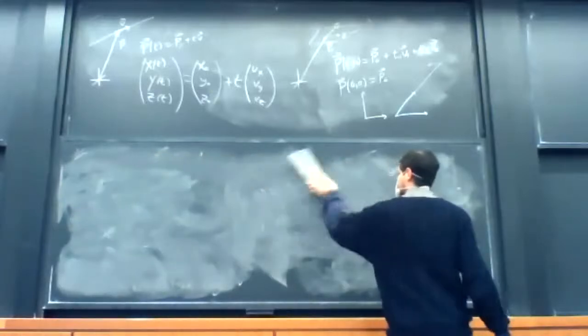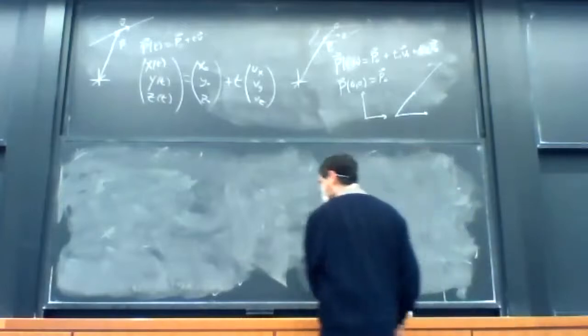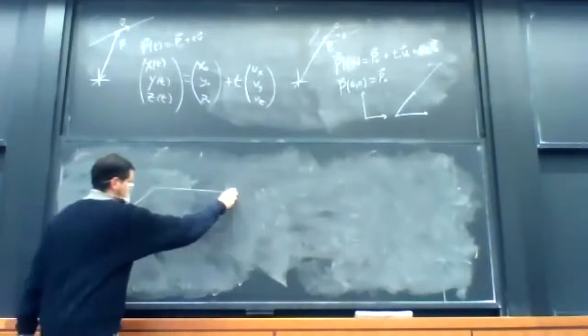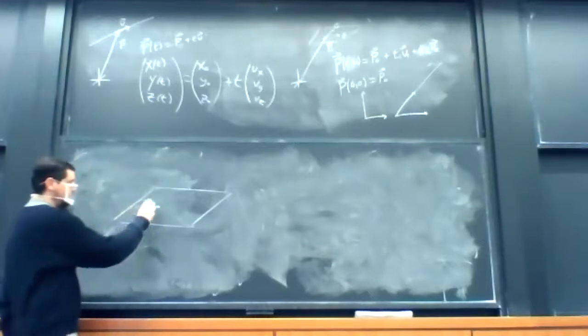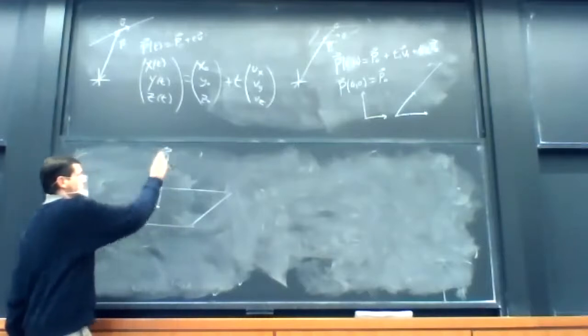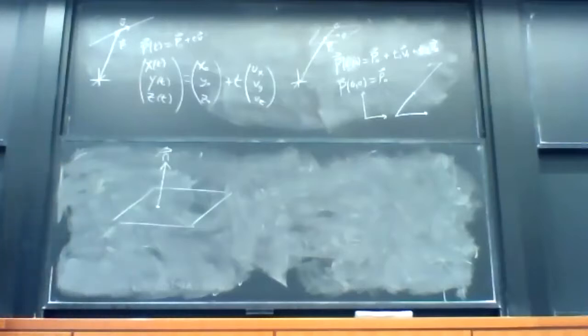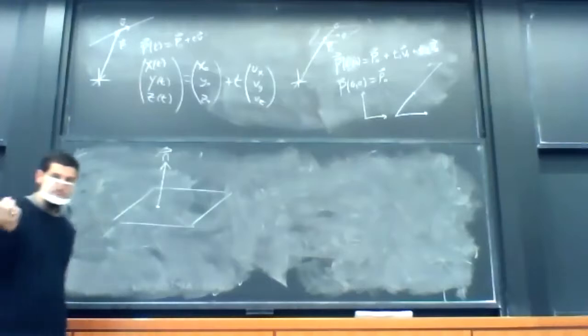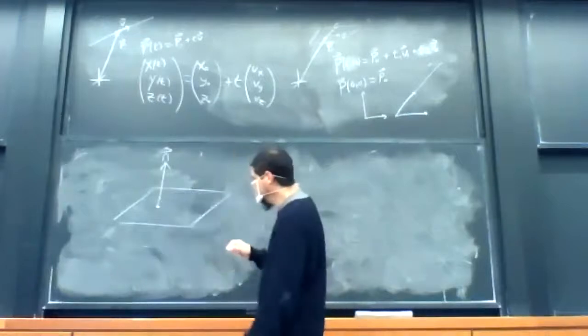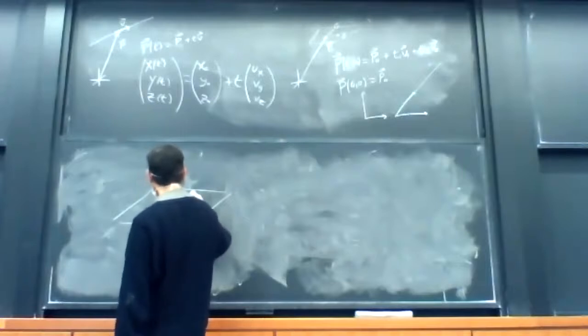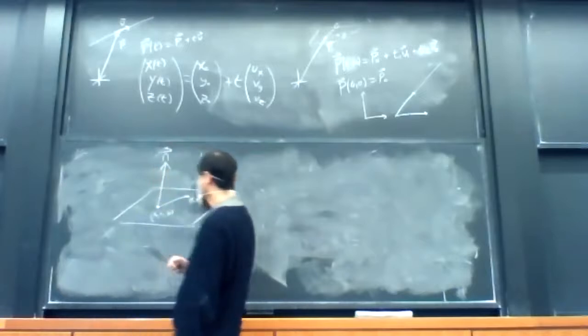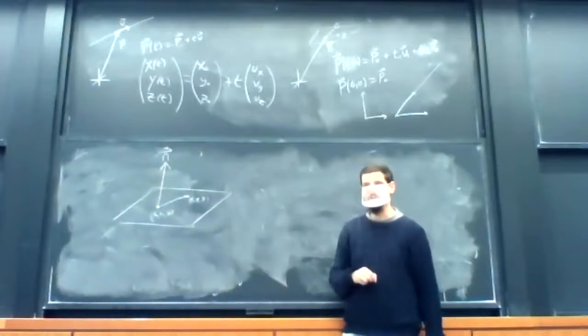All right, let's think a little bit about what that means. We have a plane, we have a point, and we have a normal direction coming up. We might assume the normal has length 1, but maybe it doesn't. One way to view the plane is, this is the point, say, x0, y0, z0. I take any other point in the plane, x, y, z, and I look at the vector from x0, y0, z0 to x, y, z.